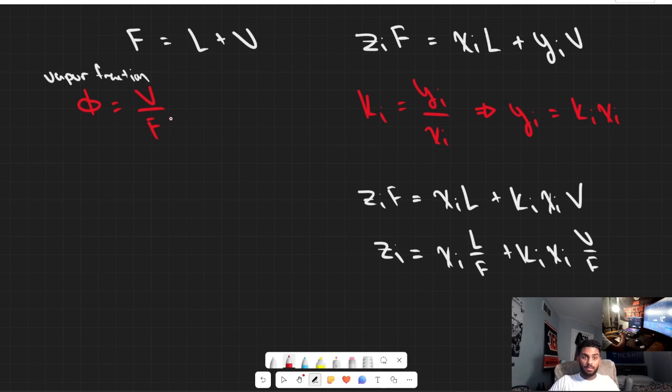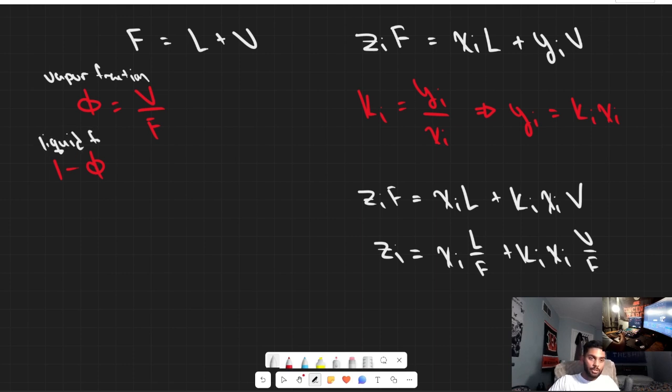And we see that this term here now aligns with this term here. Now, what about what's going on over here in our liquid over feed? Well, that simply now just looks like 1 minus phi, and that makes a lot of sense intuitively. You have a vapor fraction, 1 minus your vapor fraction has to be your liquid fraction.